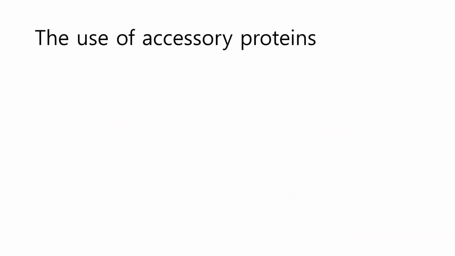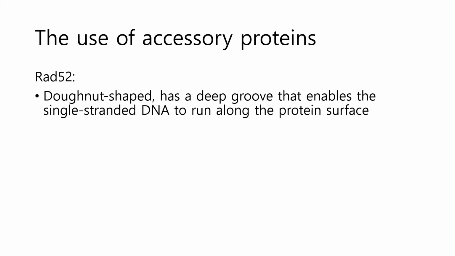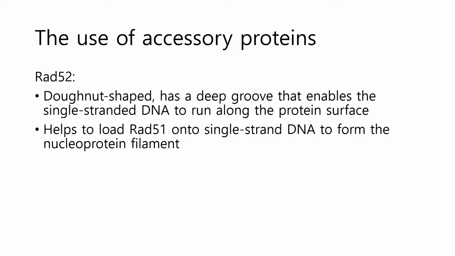The use of accessory proteins is also important to note. RAD52. RAD52 is a donut-shaped protein which has a deep groove that enables the single-stranded DNA to run along the protein surface.